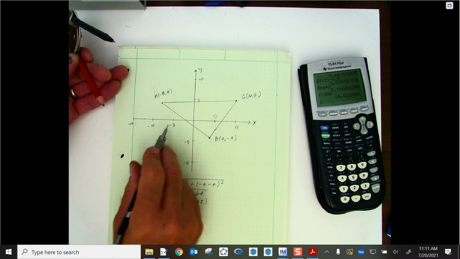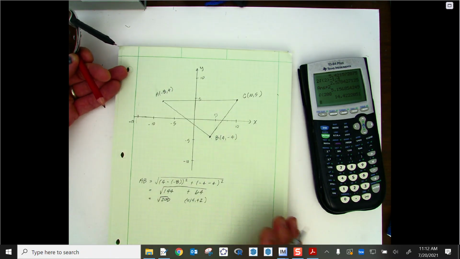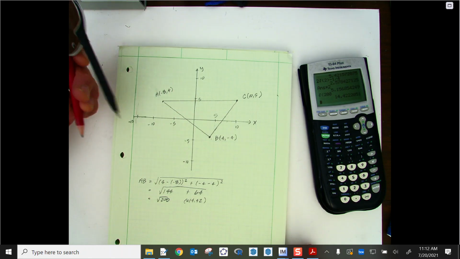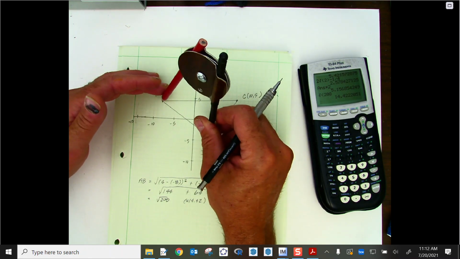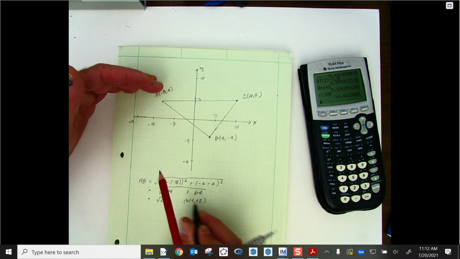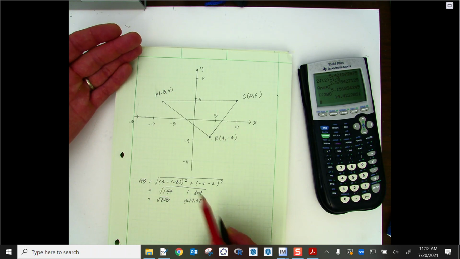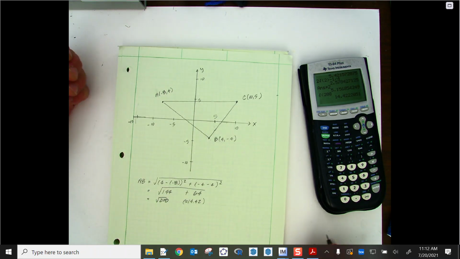So it does look like it's 14 and change. 14 is right here for me on that picture. I think this is an important thing to do for kids whenever you teach this kind of thing: show them that that's indeed a number. It's just a decimal number, and it can be compared to lengths on the x and y axis to see if it seems to be correct.